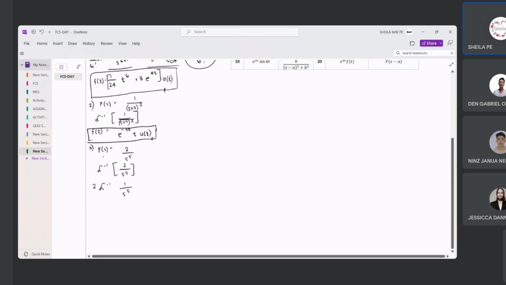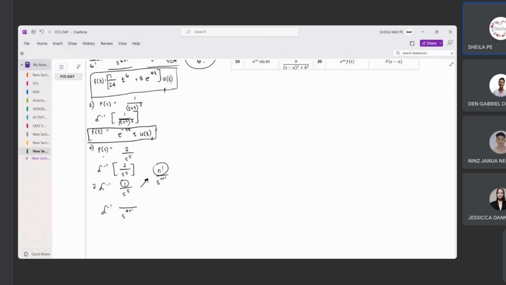If we're looking at 1 over s raised to the power of 5, we can remember this formula: n factorial over s raised to the power of n plus 1. Given our exponent is 5, our denominator should be s raised to the power of 4 plus 1. But we should have a numerator of 4 factorial, and we have a numerator here of 1, so we need a correction factor of 4 factorial over 4 factorial.